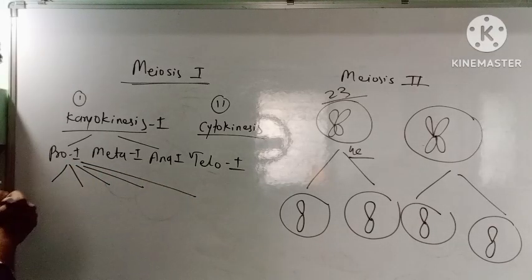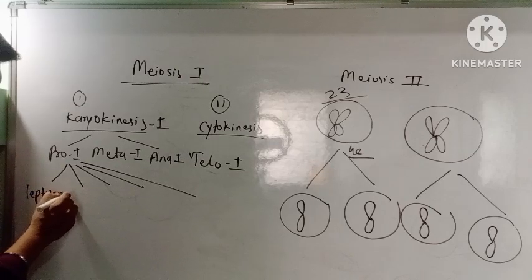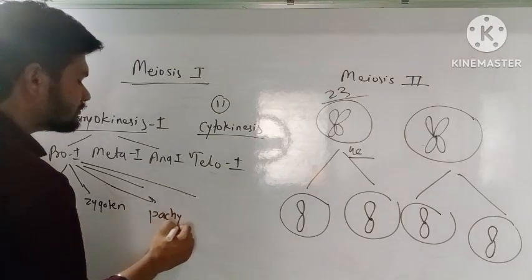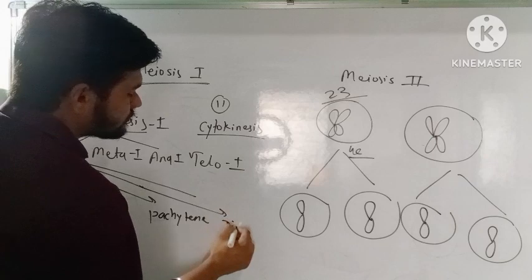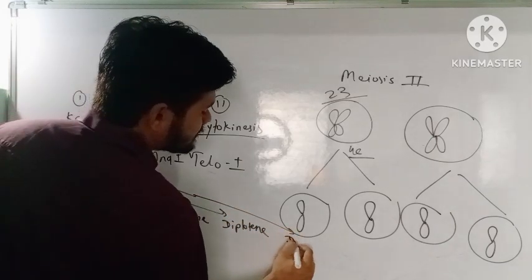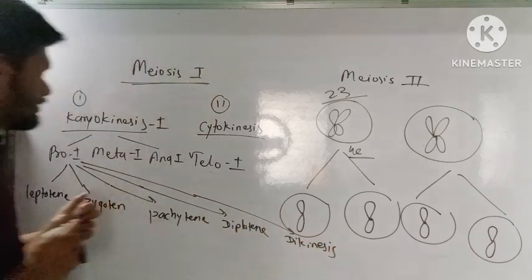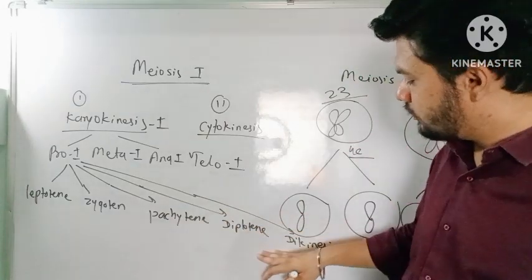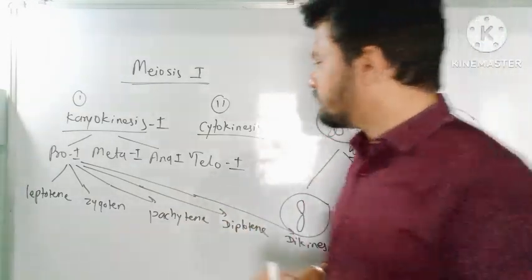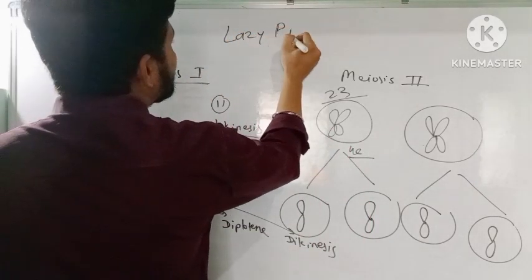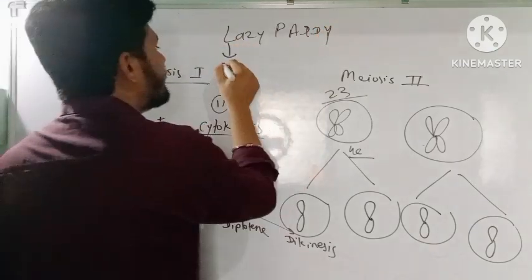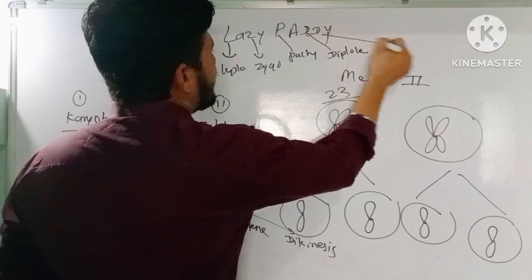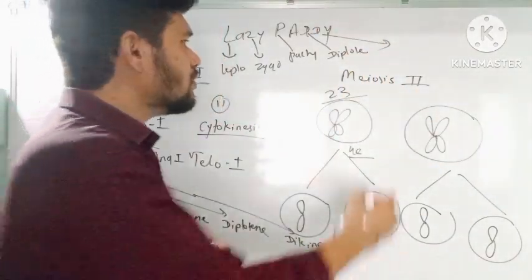First is leptotene, second is zygotene, third is pachytene, then diplotene, and the last one is diakinesis. So prophase 1 is divided into 5 subphases: leptotene, zygotene, pachytene, diplotene, and diakinesis. You can remember the sequence of these phases with the mnemonic "lazy paddy": L for leptotene, Z for zygotene, P for pachytene, D for diplotene, and the second D for diakinesis.